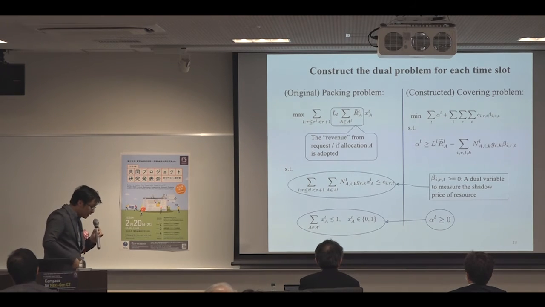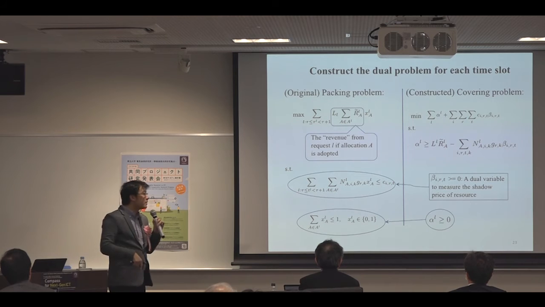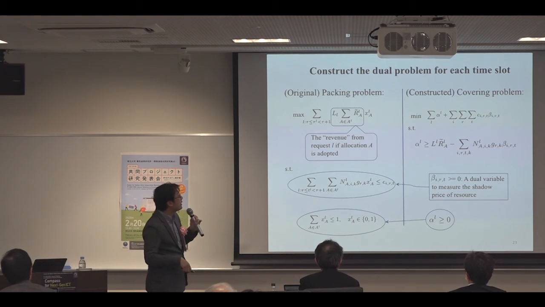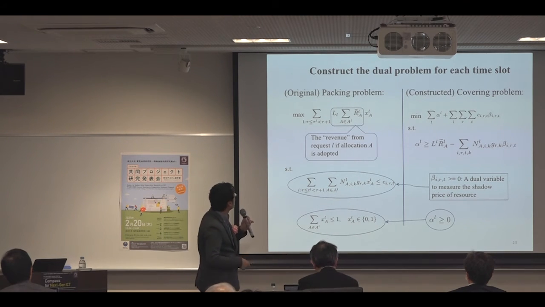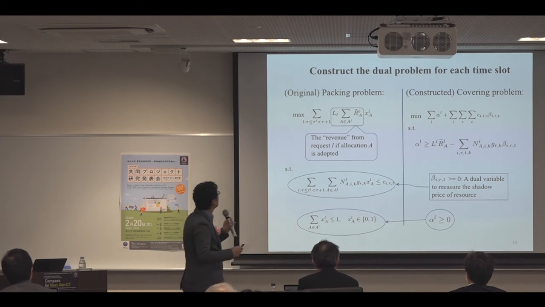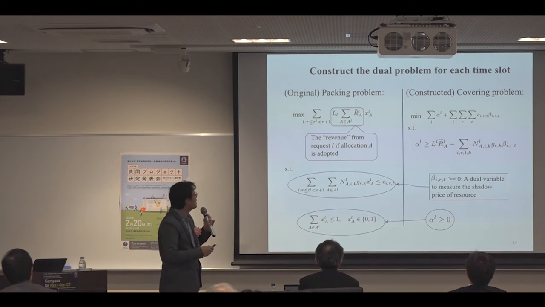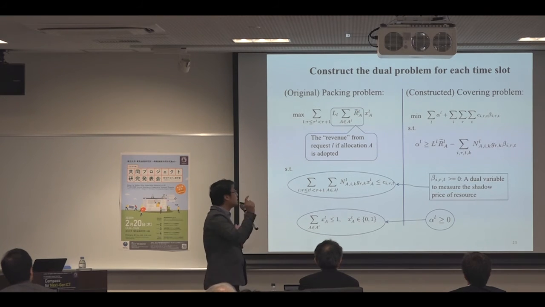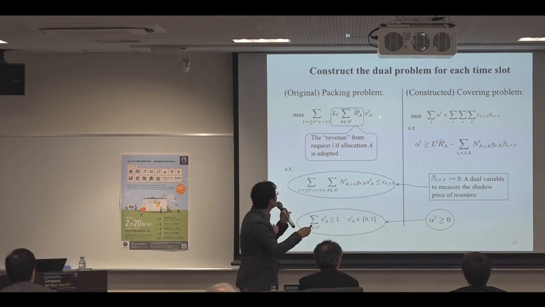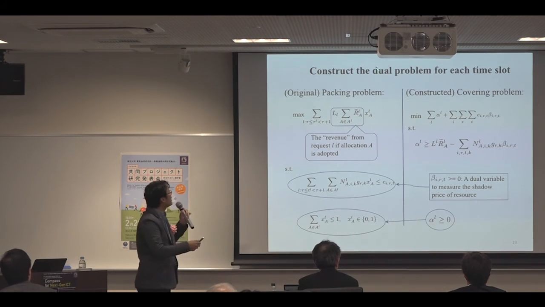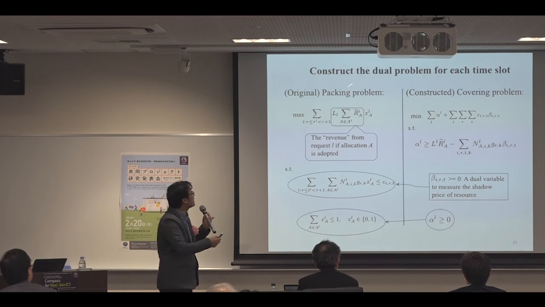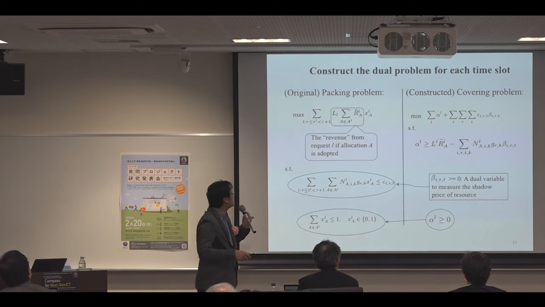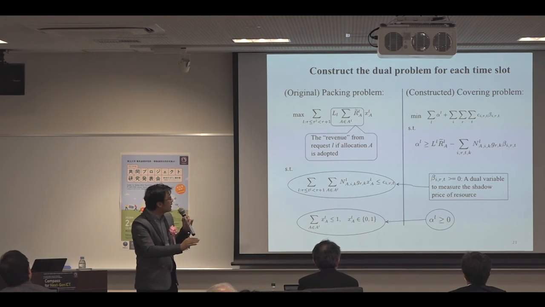If we model this problem with linear programming, we can see that we are facing a packing problem. When a new request comes, we have a new x. We cannot maximize this packing problem because the number of variables increases with time.